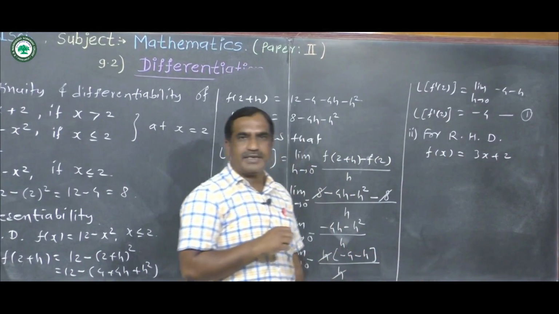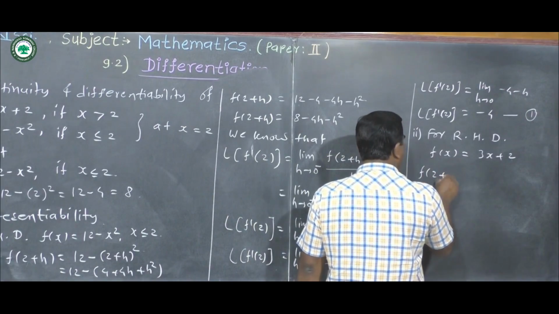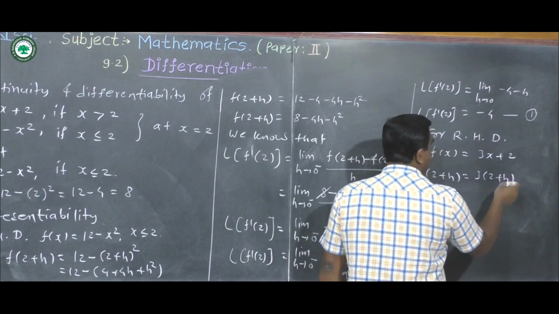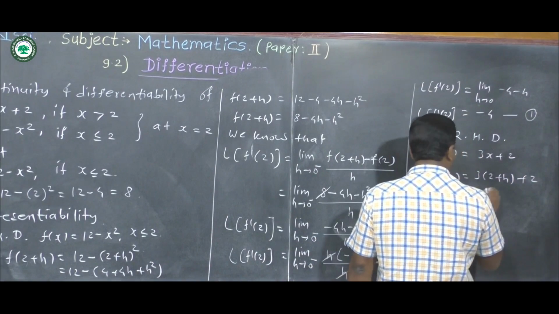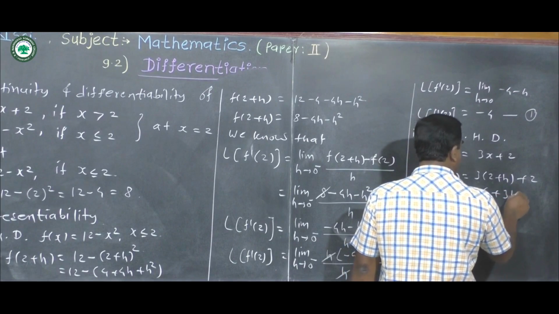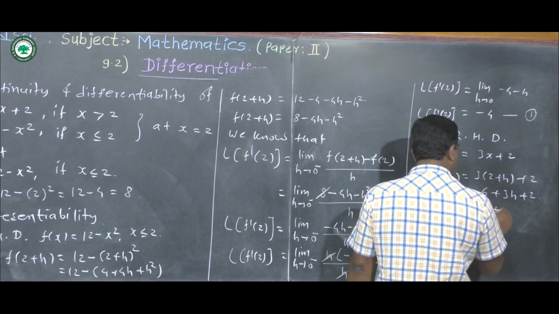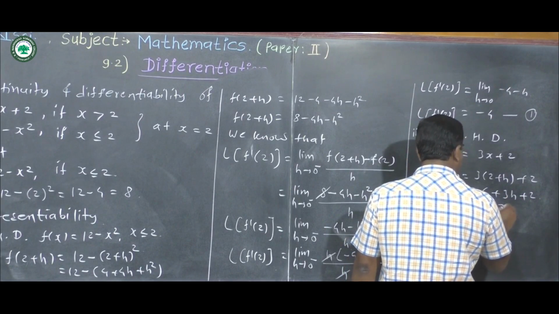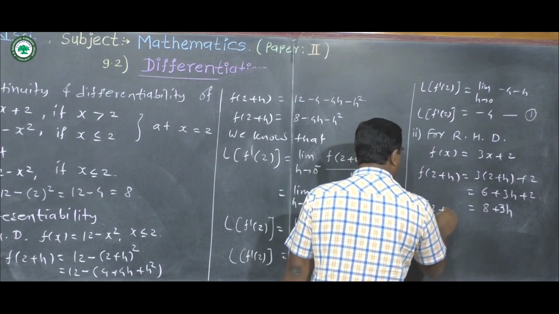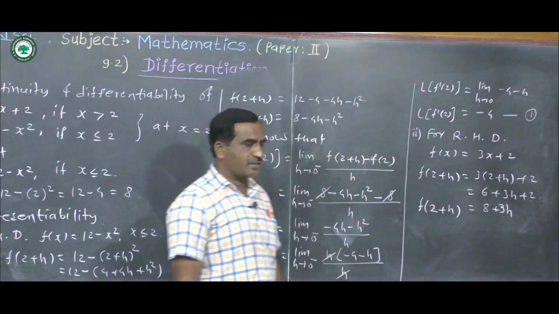Now we have to find f of 2 plus h. f of 2 plus h is equal to 3 into (2 plus h) plus 2, that is 6 plus 3h plus 2, which is 8 plus 3h.